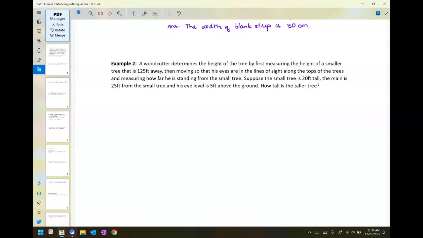The man is 20 feet from the small tree and his eye level is just 5 feet above the ground. How tall is the taller tree? So let H be the height of the taller tree.